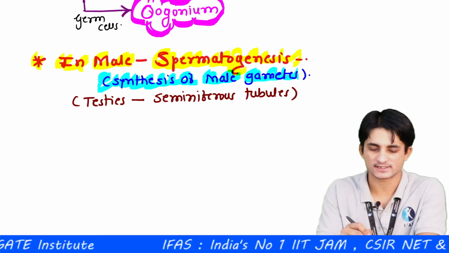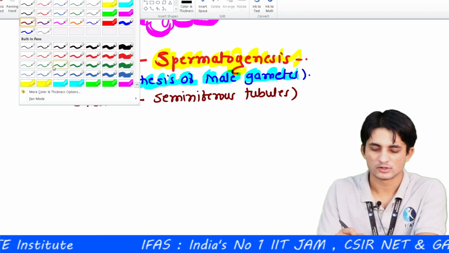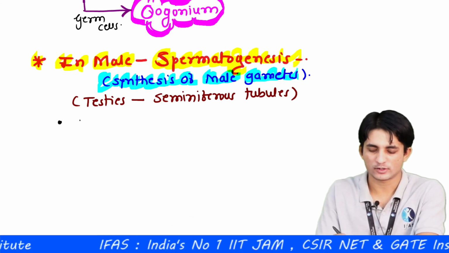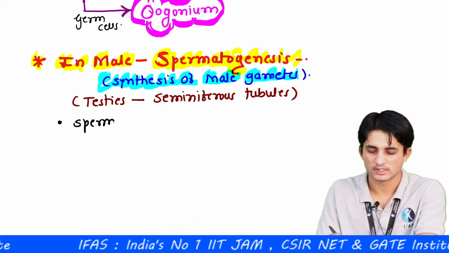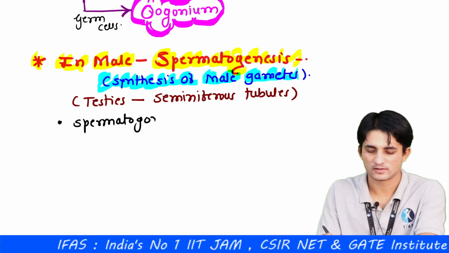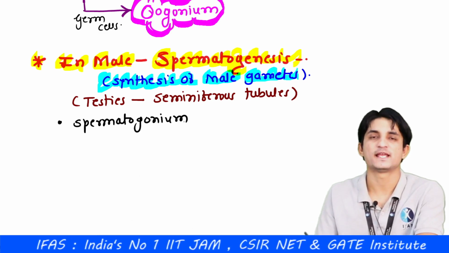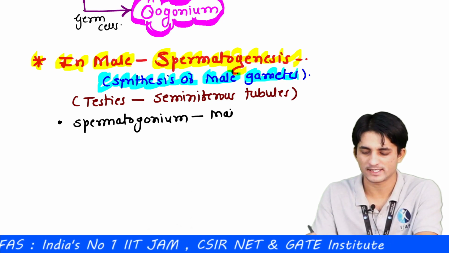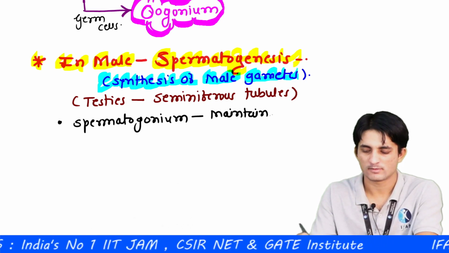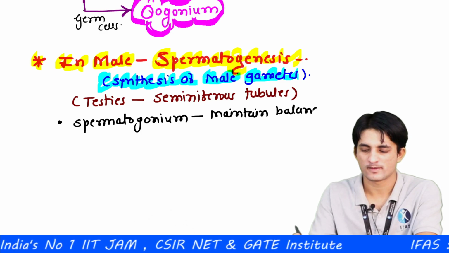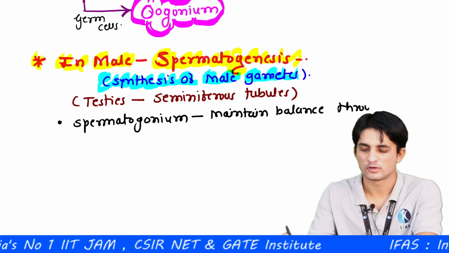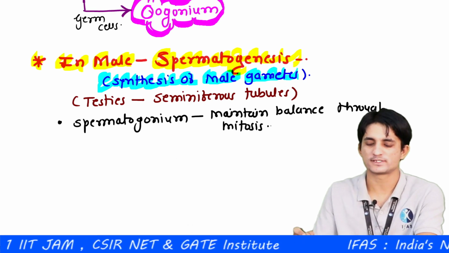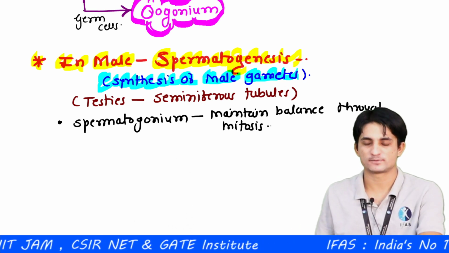Now the start point is the spermatogonium that is present in the testis, and it continuously maintains its count and balance through the mitosis process.